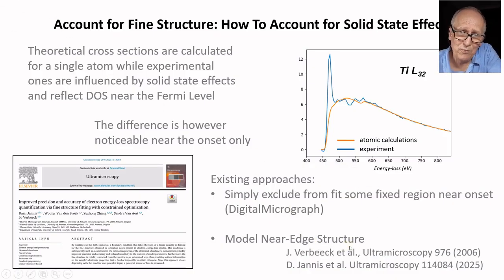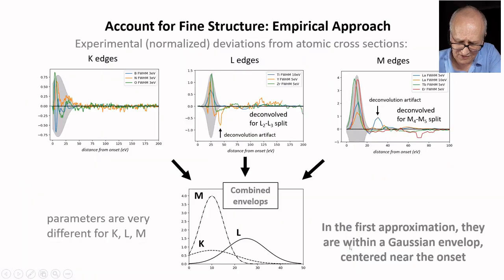Well, how do we treat this near-edge structure? Our approach is fully empirical. To clarify that, let's consider some, let's say, extreme cases of near-edge structure individually for K, L, and M edges.